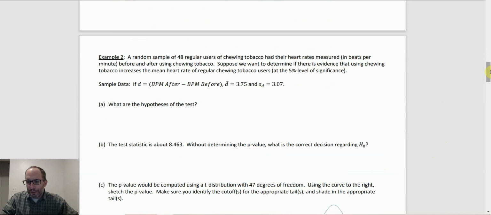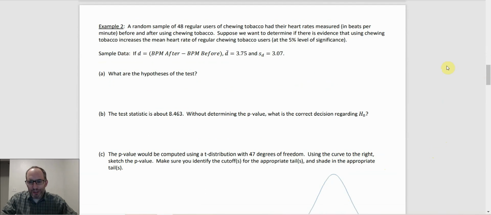All right. This is one where I'm not sure we even need a hypothesis test to figure out what's supposed to happen. After all, we're talking about putting a stimulant into the body to see if that increases the mean heart rate. You would kind of expect it to. You certainly wouldn't expect a decrease.